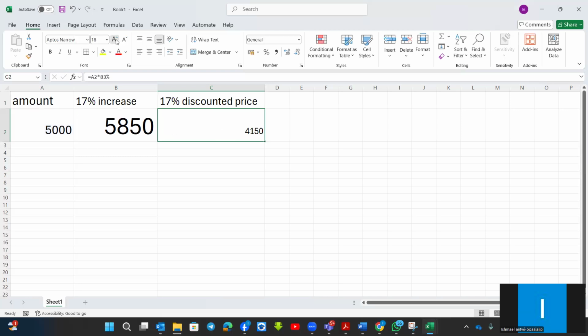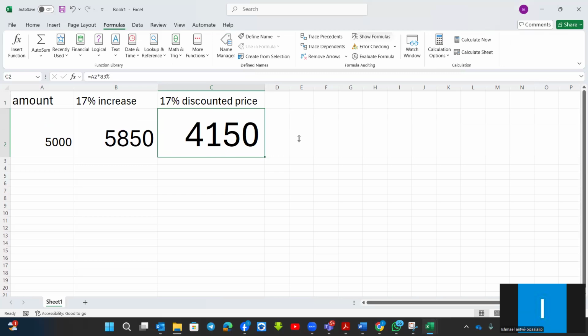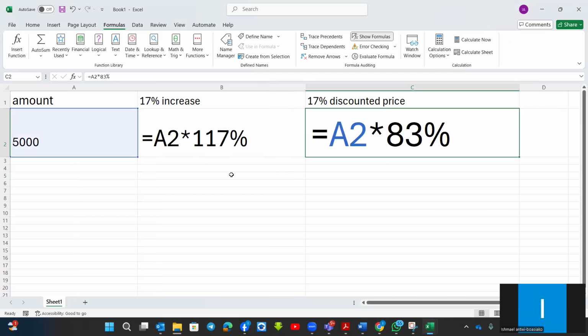So if I decrease 5,000 by 17%, the new amount will now be 4,150. So in short, whenever you are given a question of that nature, if it is increasing, you add that percentage to 100%, then you multiply. If it is decreasing, you subtract from 100%, then you multiply the new percentage to the amount. Basically, this is how we do the discounted price or the percentage increase.